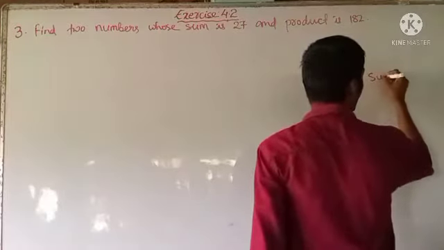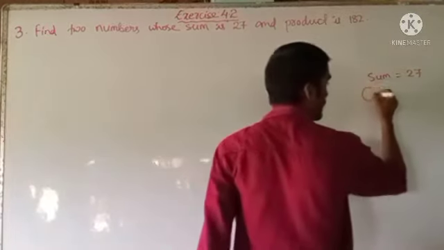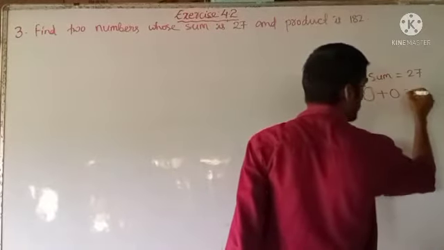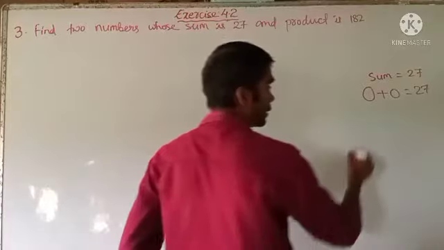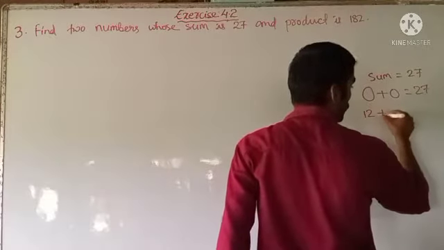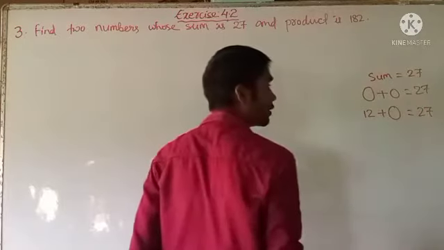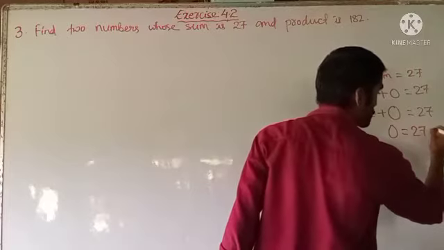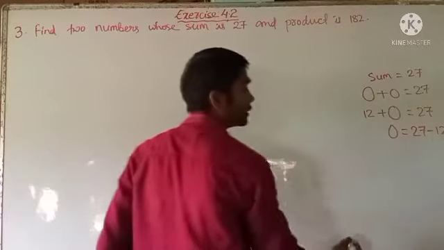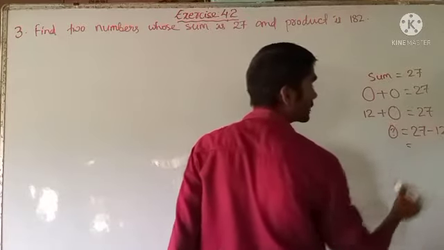Now the sum of two numbers, if we add two numbers, the sum is 27. Now if I say to you, if one number is 12, then what will be the other number so that their sum is 27? You can obtain this other number by subtracting, that is 27 minus 12.